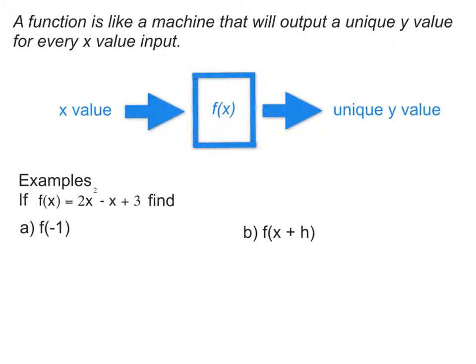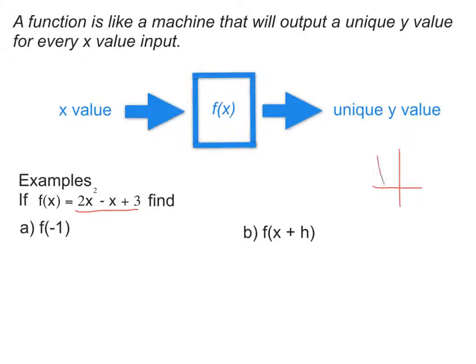Mathematically, this means that for every x value we substitute into the equation of a function, we obtain only one y value. Looking at the equation in the example, we know that 2x squared minus x plus 3 gives us a basic parabola.